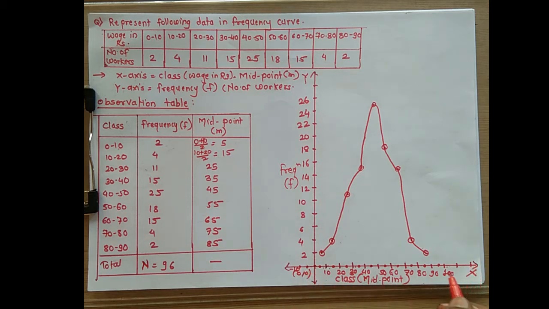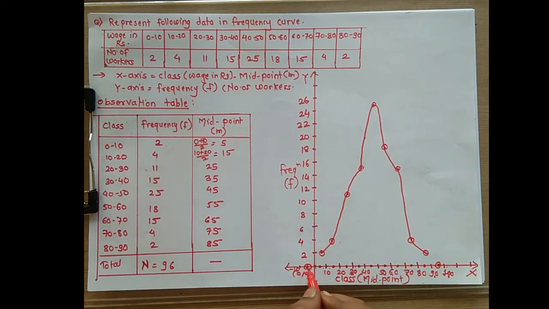We need another class next to the last class. Last class is 80 to 90, therefore the next class will be 90 to 100. We mark here the midpoint with frequency 0.